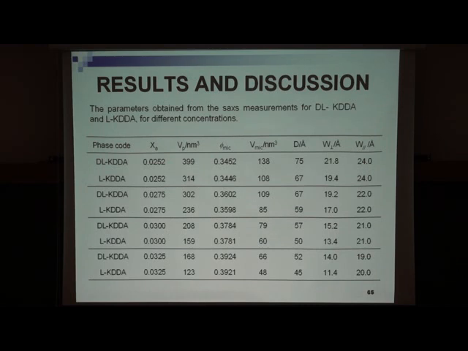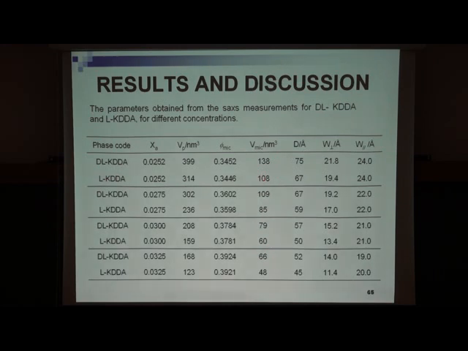These are the results for concentration dependence of the micelle volume and the distance between the micelles. If we increase the DL concentration in the sample, it always decreases, and for the L enantiomer it also decreases.